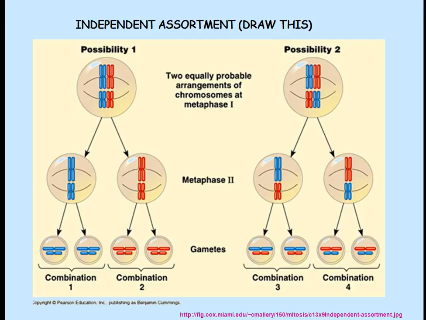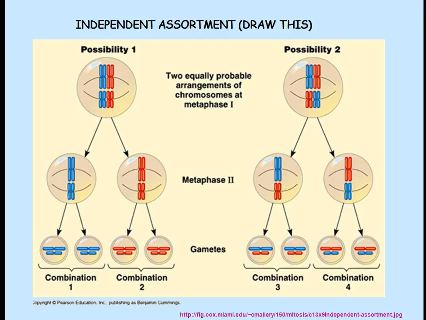However, not all the mom's chromosomes are going to line up on one specific side. They're going to line up differently and randomly, so that there are many different combinations of how the homologous chromosomes will line up. Think about how many chromosome pairs we have. There's 23. So those 23 pairs can all line up differently.